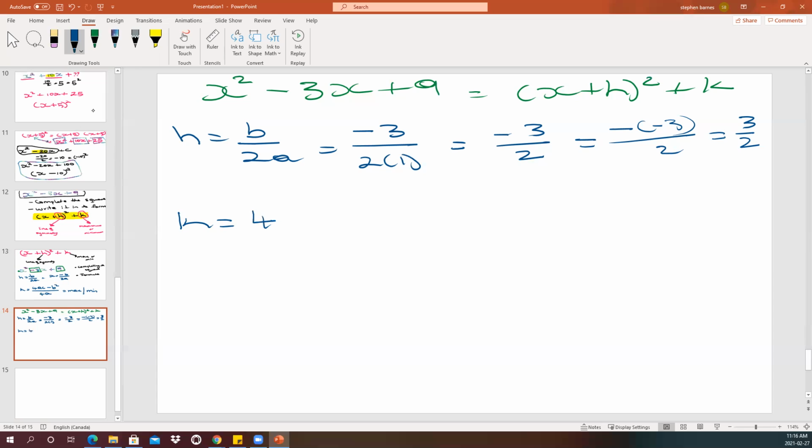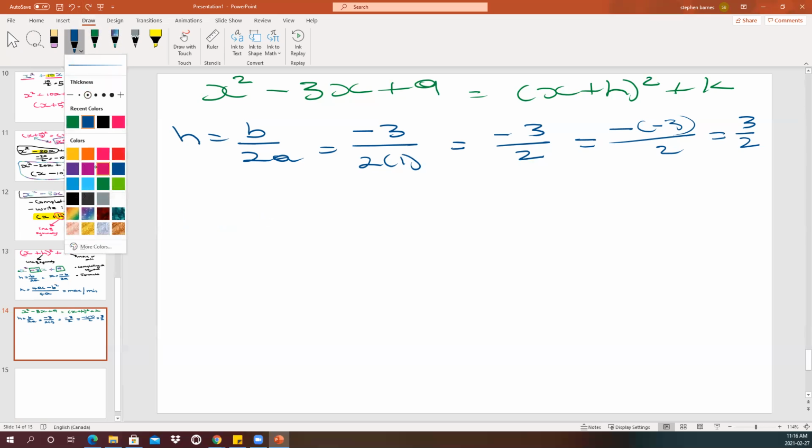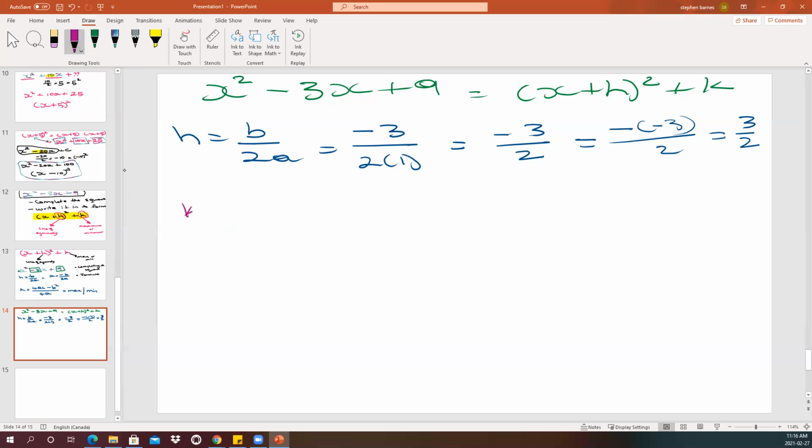k now is equal to 4ac minus b squared, all over 4a.